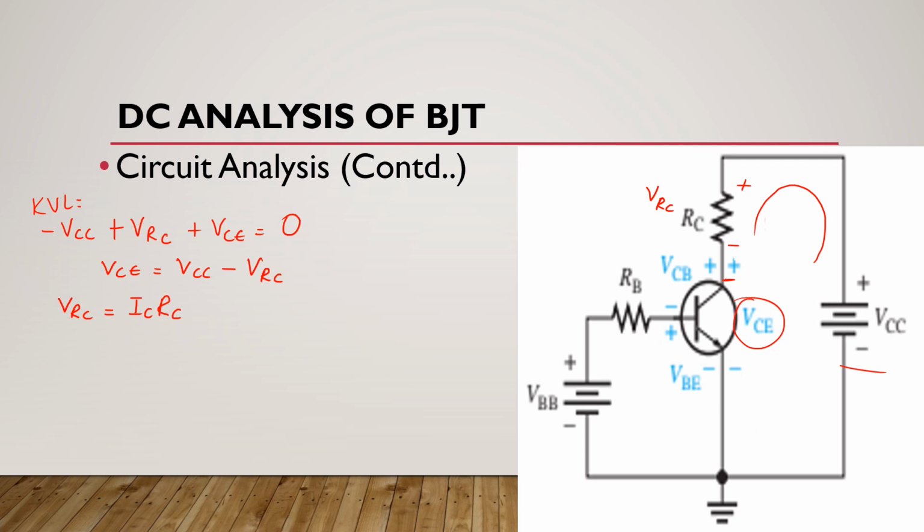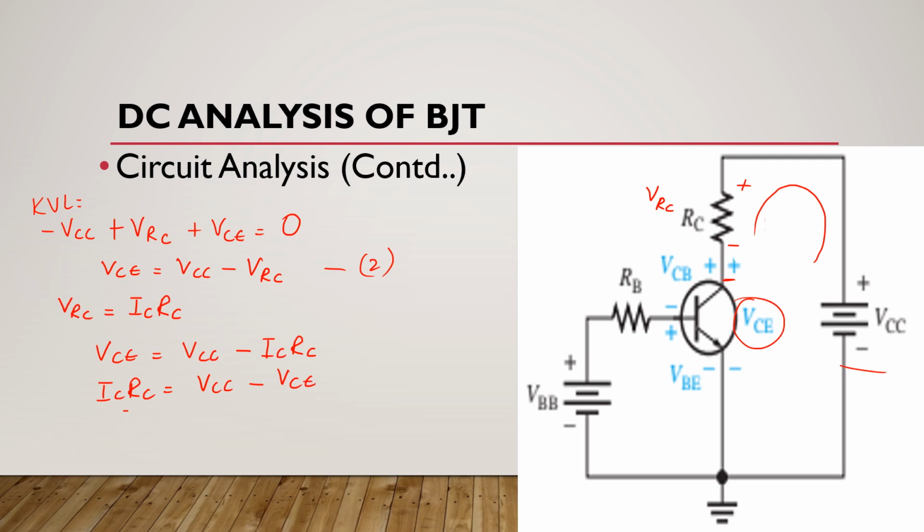Again, from Ohm's law we know that this VRC is equal to IC RC, and if we substitute this value in this equation number 2, we get VCE is equal to VCC minus IC RC, and now if we rearrange this equation we get IC RC is equal to VCC minus VCE.